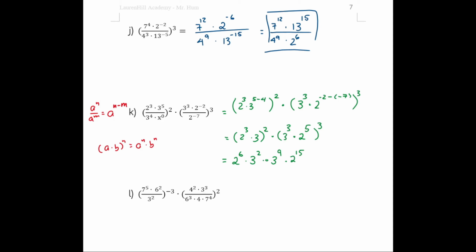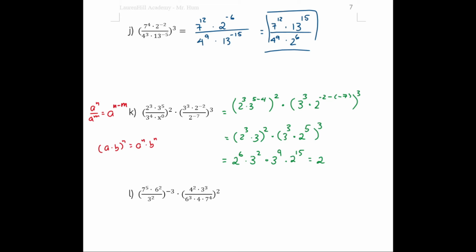Notice here we have multiplication of the same base, 3 and 3. Here, these 2's are also being multiplied. This whole thing is being multiplied together. So same base here is a 2, same base here is another 2. So we multiply them together by adding their exponents together. Let's start with 2 because it's a smaller number.